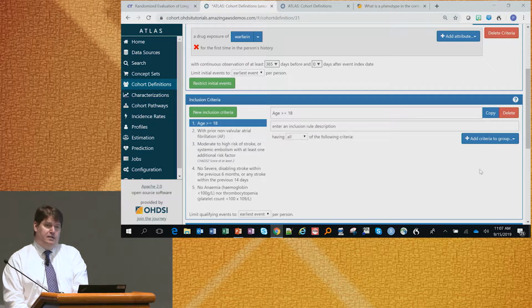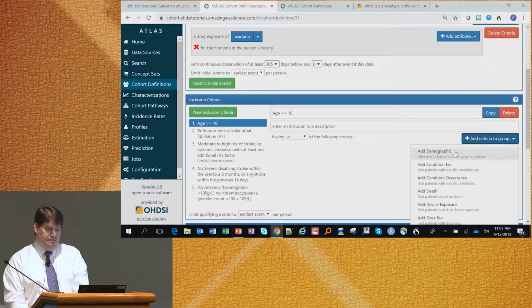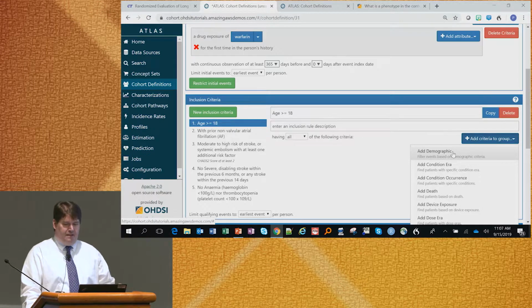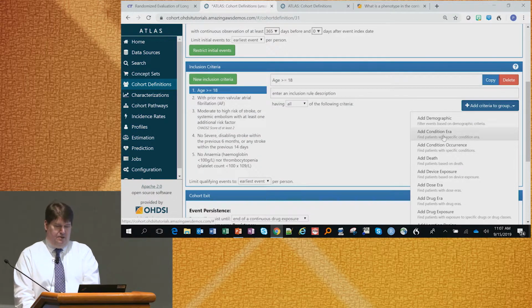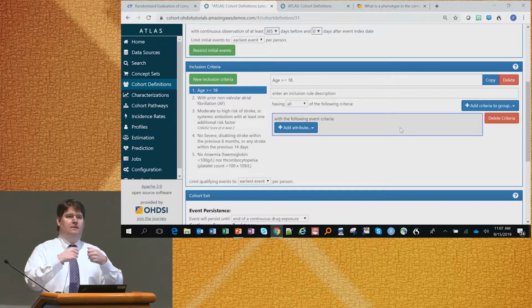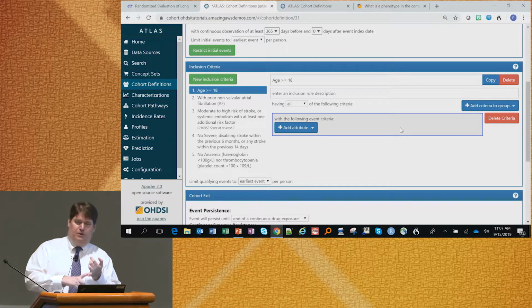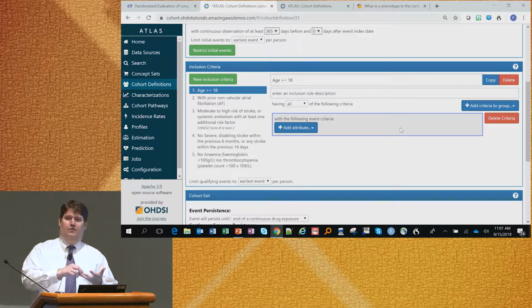The type of criteria we're going to use here is a demographic criteria. I'm throwing a little curveball here, because demographic criteria isn't one of the domains we talked about. Demographic criteria is the type of criteria you can use to put some constraints on the actual event itself. So how old were they at this event? What was the time window this event occurred in?